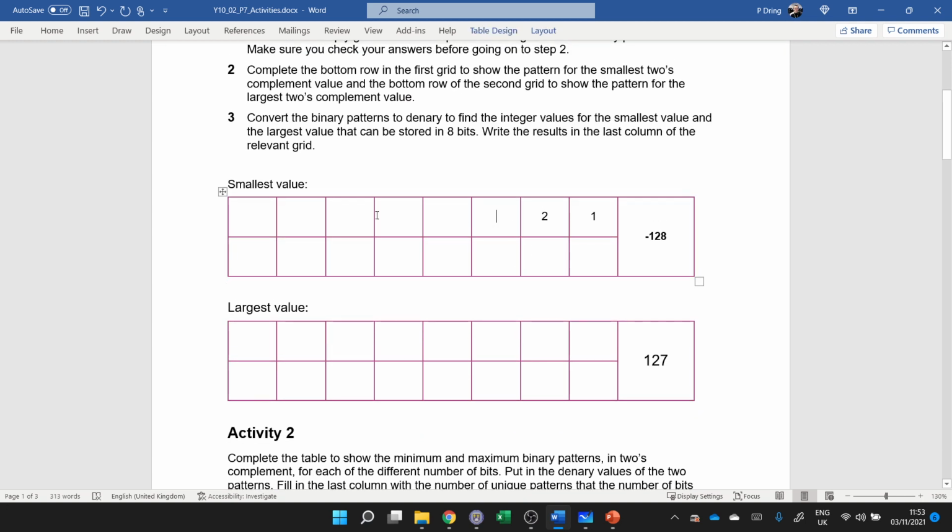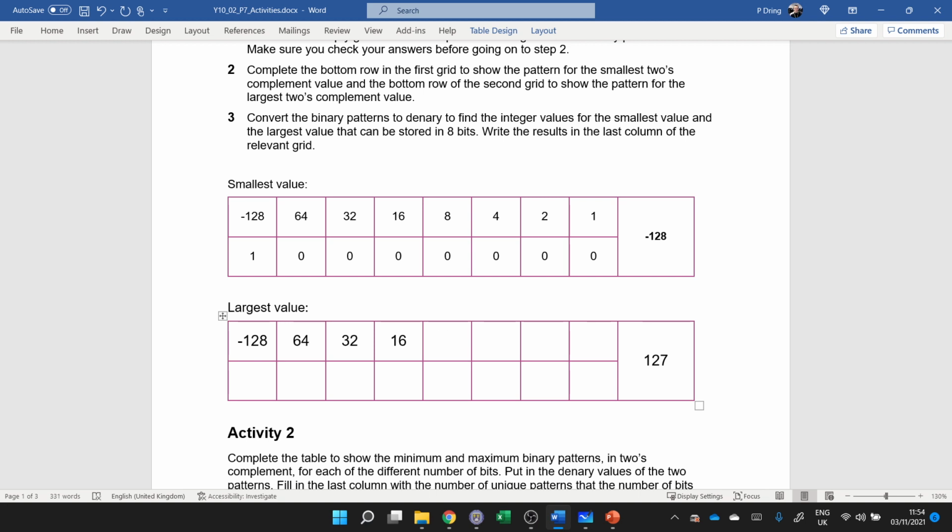So the smallest value you'd get if you just have the most significant bit as a 1 and all of the rest as a 0, because then we get minus 128, not add 64, not add 32, and not add any of the others to get minus 128. The largest value, well, we don't want that minus 128, but we do want to add up all of the others.